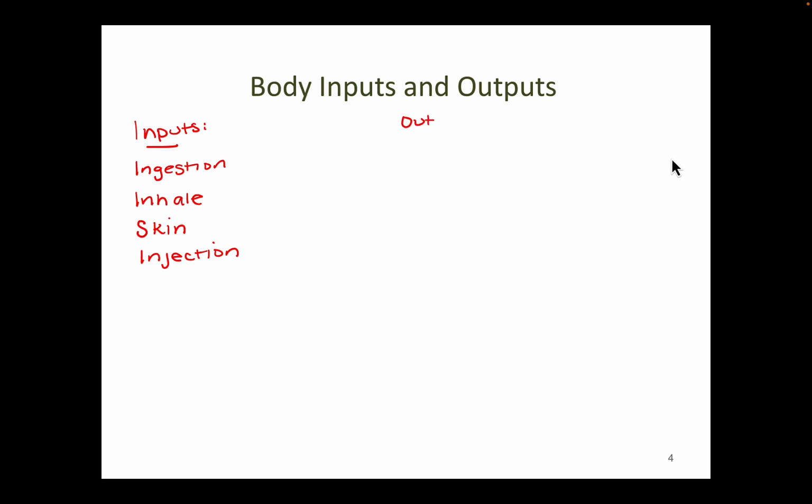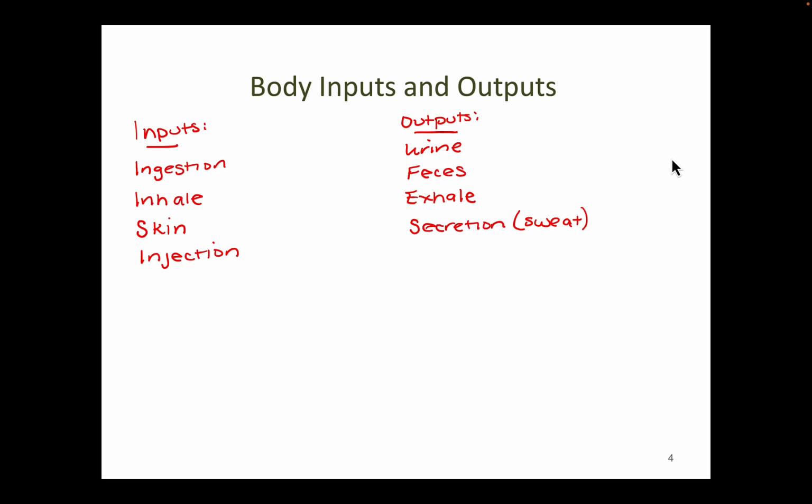Then for outputs, we lose materials through our urine. We just learned about how we make urine and the importance of making urine. We also lose through our feces. When we exhale, we lose material in our secretions, for example, in our sweat.